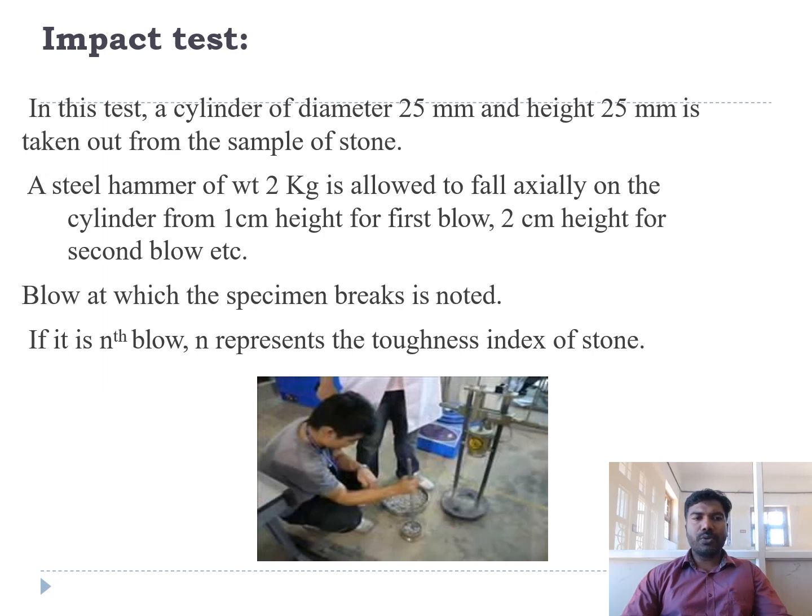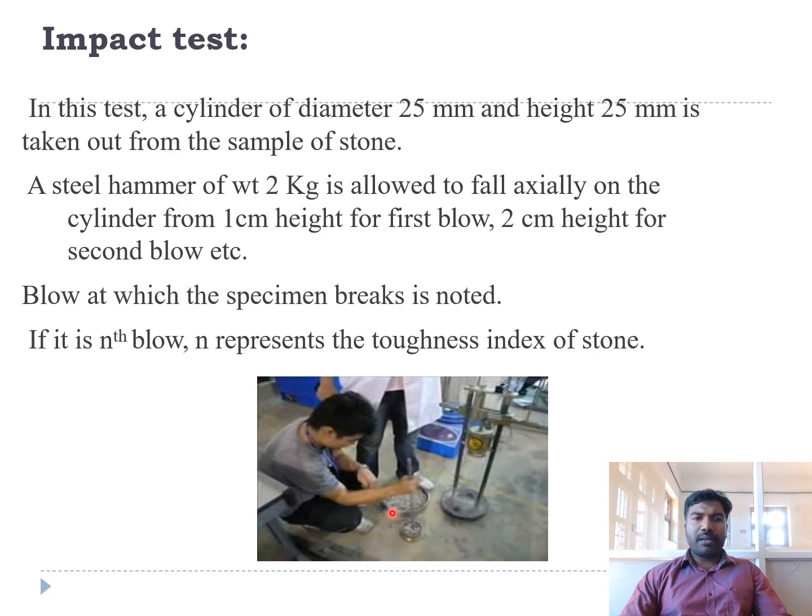We should know the impact resistance of stones, so for that we conduct an impact test. In this test, a cylinder of diameter 25 mm and height 25 mm is taken from the sample of stone.